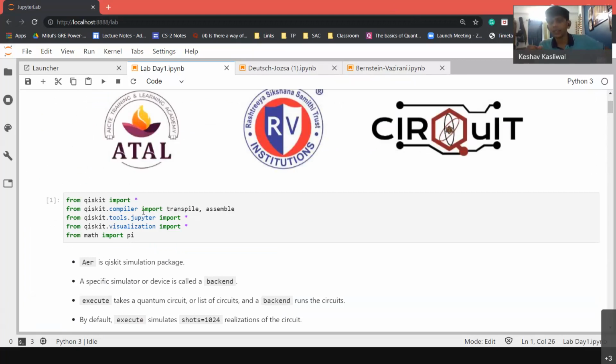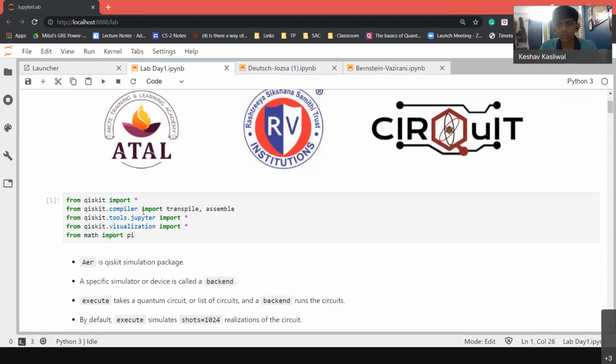If somebody knows Python, import star means importing all the functionalities associated with Qiskit. These are some of the libraries you should definitely import for the proper functioning of the program. We'll share the code with you so that you can see it at your own leisure, which would help you understand the code better.